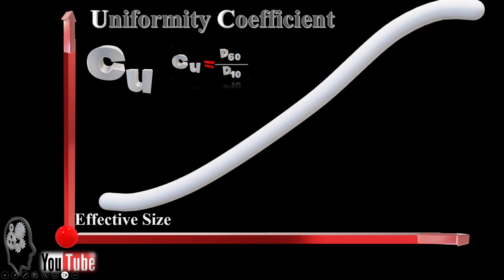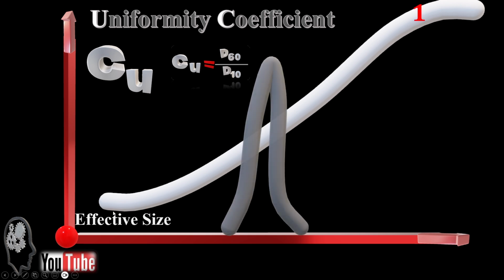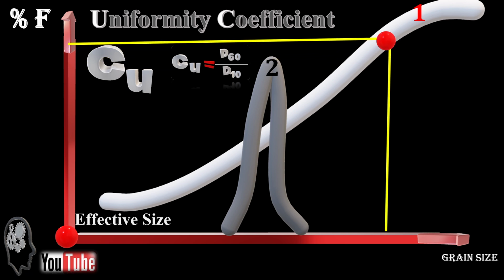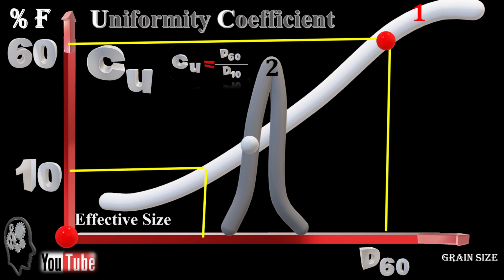So if this is our grain size distribution, which is an almost extended S shape for the first soil, and then we have the other sample, which is the second soil. For the first one, we have D10 and D60.